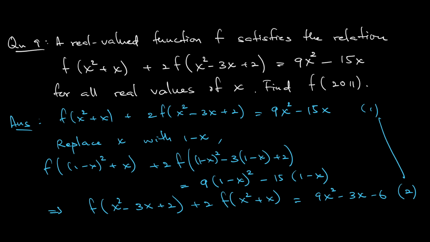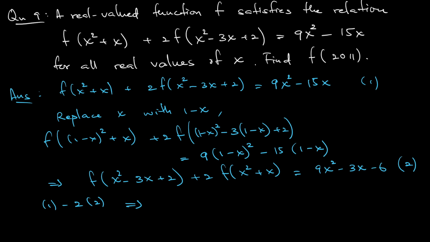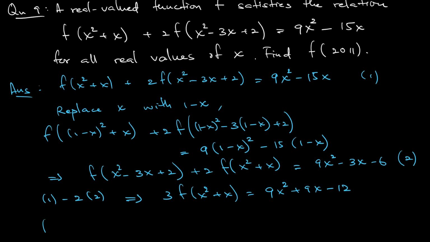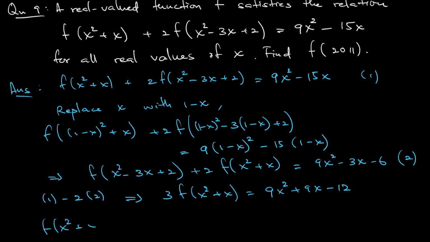So all I need to do is take equation 1 minus twice of equation 2, right? So this will give me 3f of x squared plus x, and the right hand side is, after you simplify, divided by 3 on both sides.